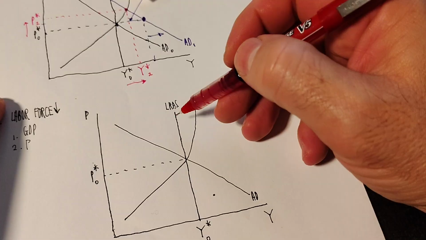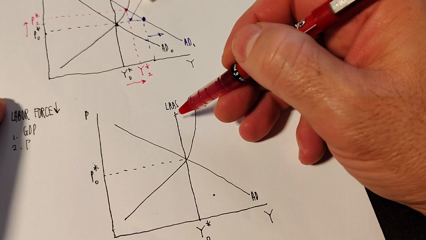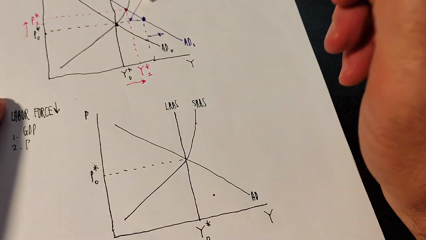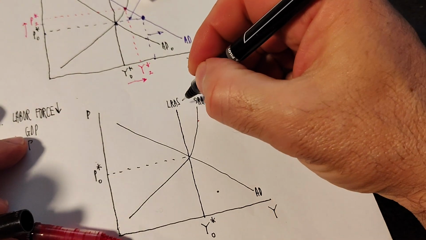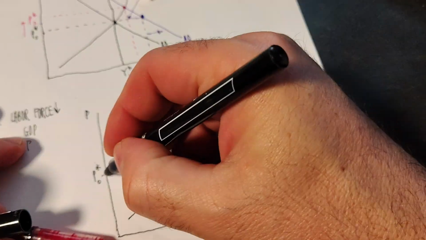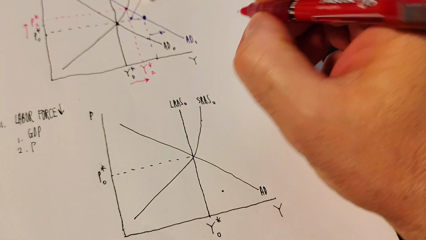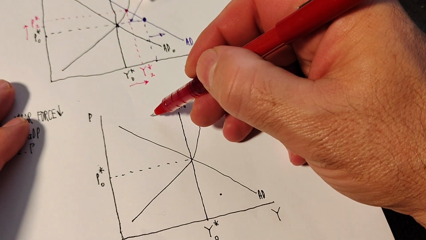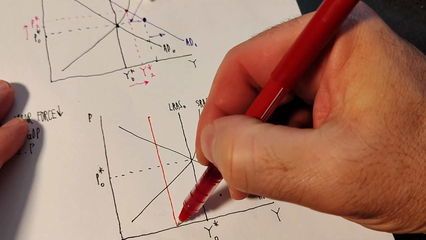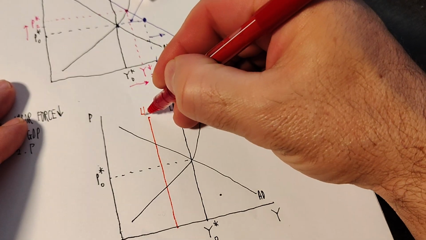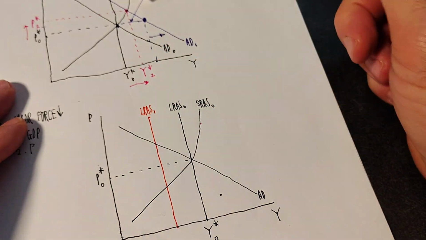And remember what we said, whatever happens to the long-run aggregate supply curve, it's going to take the short-run aggregate supply curve with it. So if this is the long-run aggregate supply curve 0, we're going to have a whole new one. Let's make it a pretty big shift over here. That's a biggie. LRAS 1.